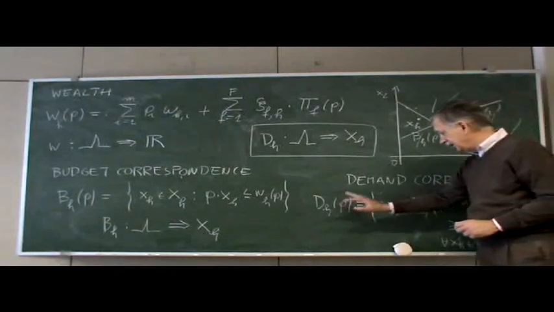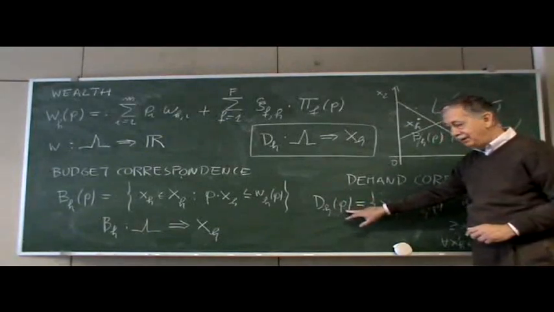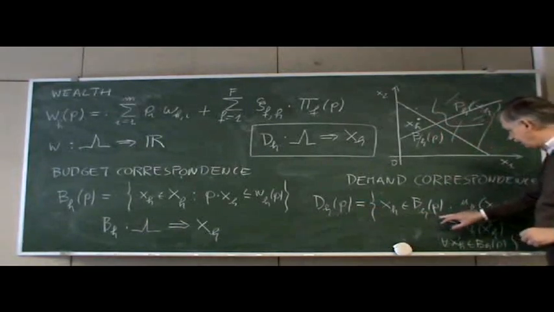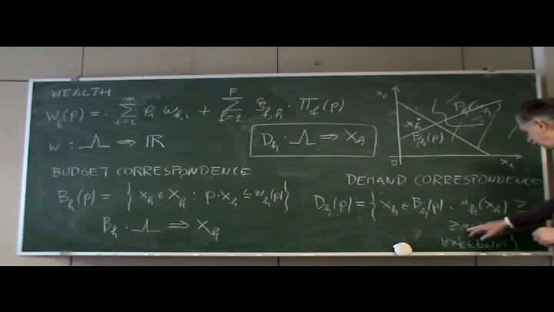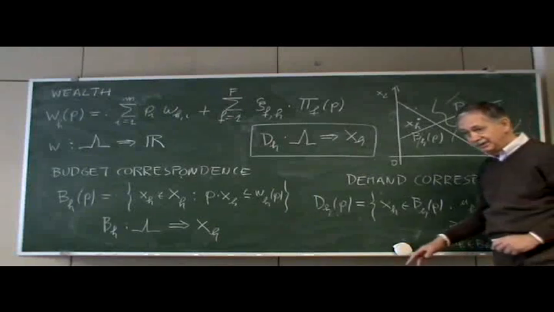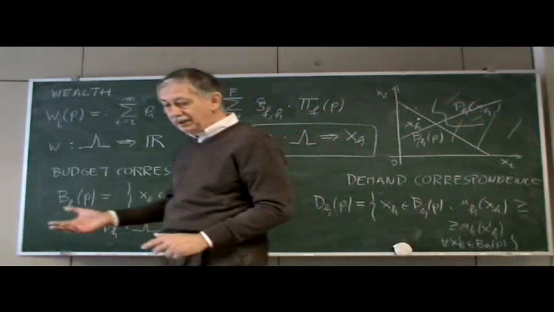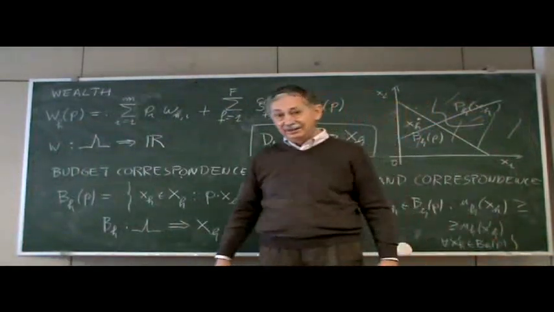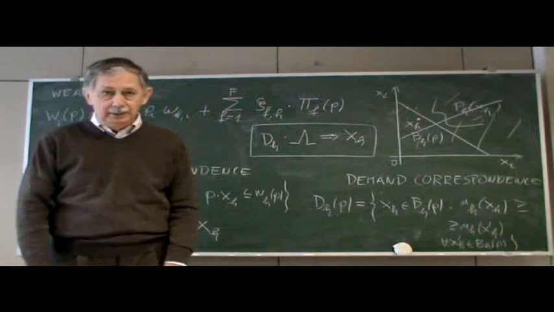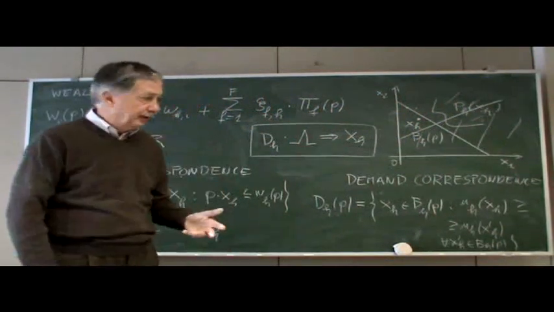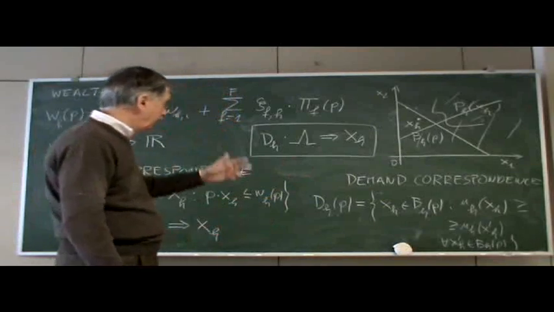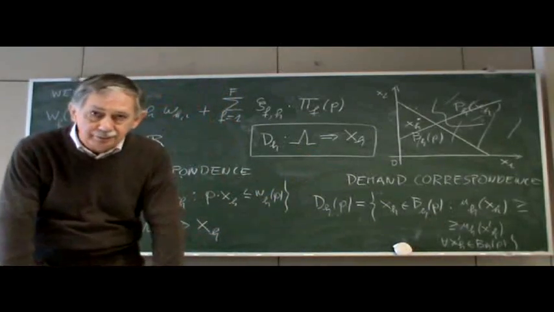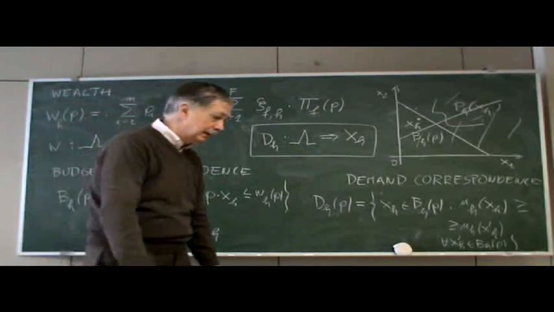The demand correspondence associates with every price system the set of the bundles of the budget constraint such that their utility is maximum with respect to every other bundle in the budget constraint itself. If there exists a UH which represents PH, these two definitions are absolutely equivalent.